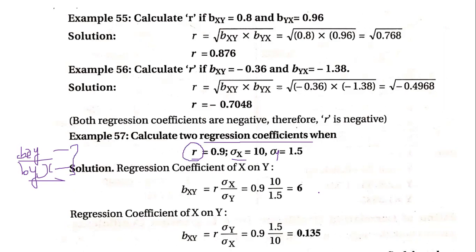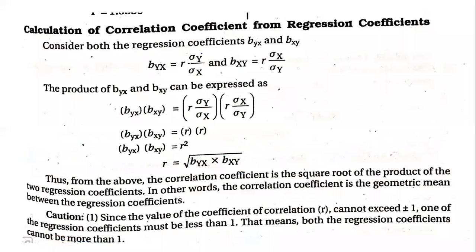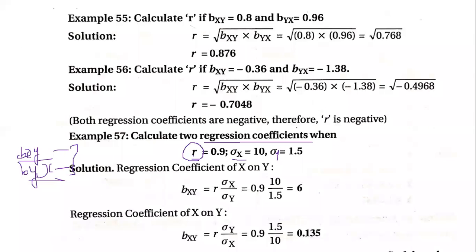Okay, so we are going to use this formula and this formula to find the value of bxy and byx. So let us use that. Now we know what is R, what is standard deviation of X, and what is standard deviation of Y. So first one, bxy is equal to correlation coefficient into standard deviation of X by standard deviation of Y. That is the formula.